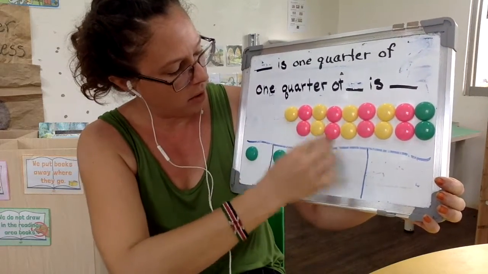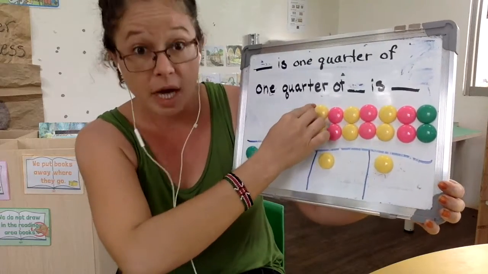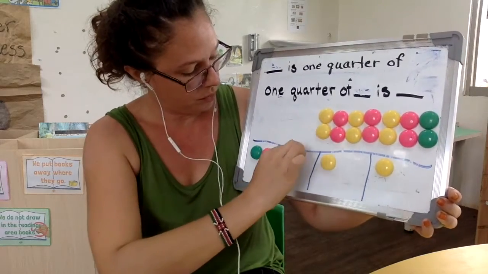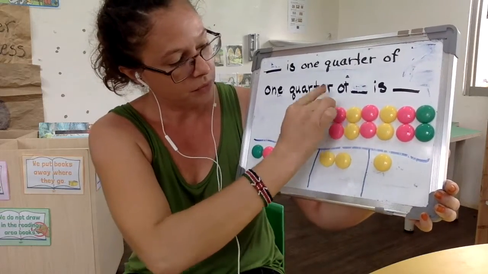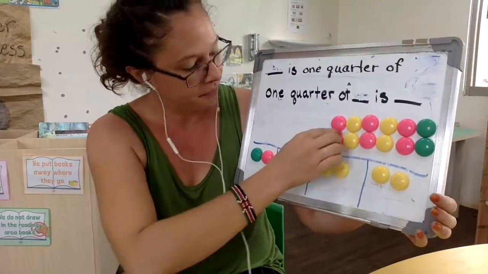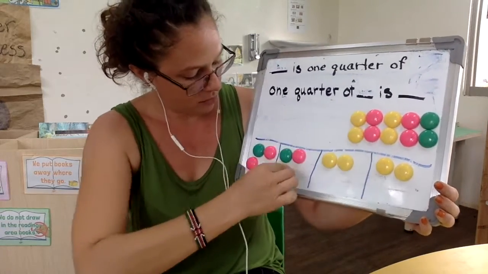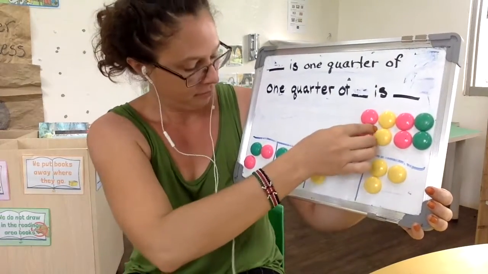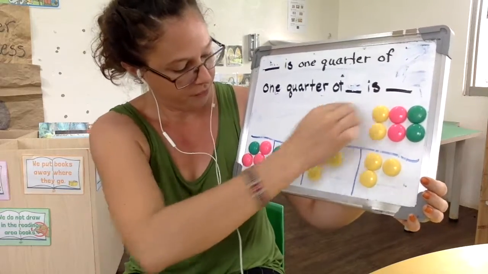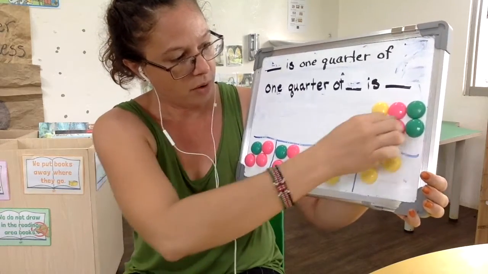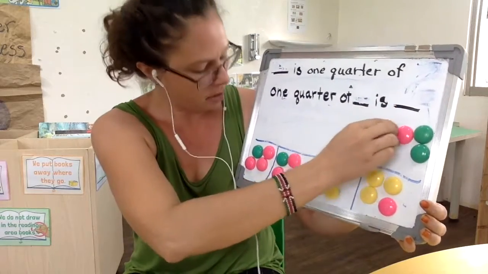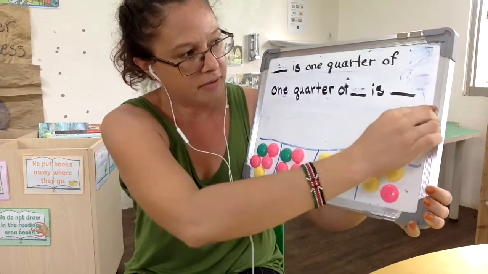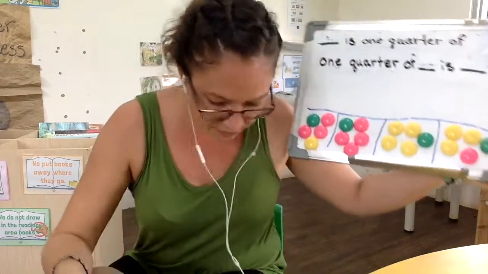1, 1, 1, 1. We're sharing equally amongst our 4 groups. 2, 2, 2, 2. We still have more to share. 3, 3, 3, 3, 4, 4, 4, 4, and 5, 5, 5, 5.